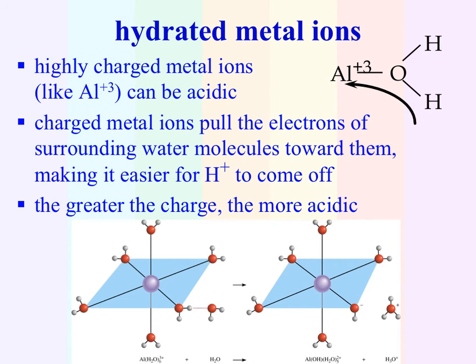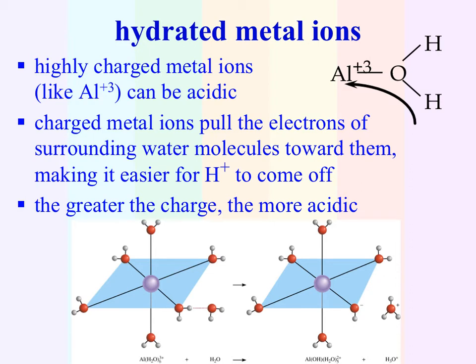So hydrated metal ions, we've already discussed these before, but let's take a look at what's actually happening here now that we're discussing this acidity property series. We've talked about the fact that highly charged metal ions, like aluminum +3 or Fe +3, can create an acidic solution.